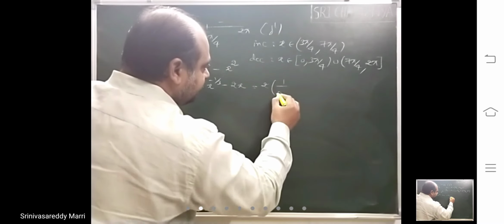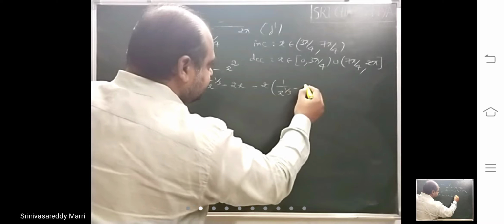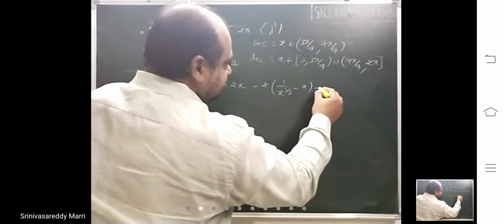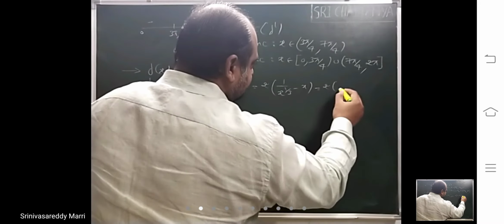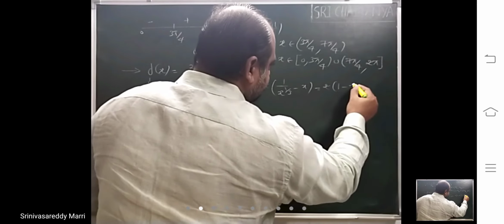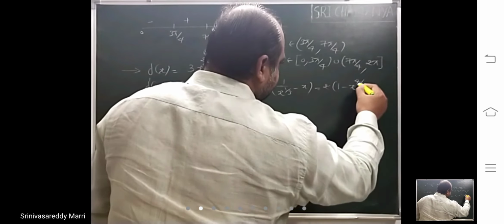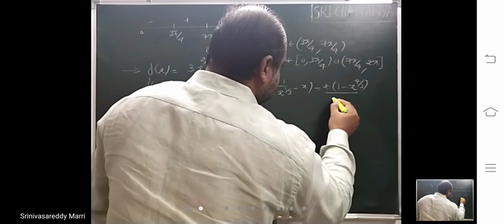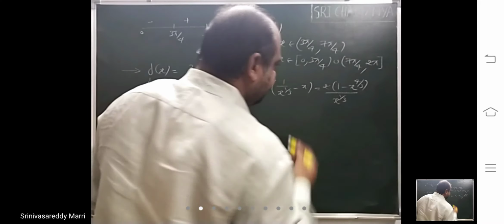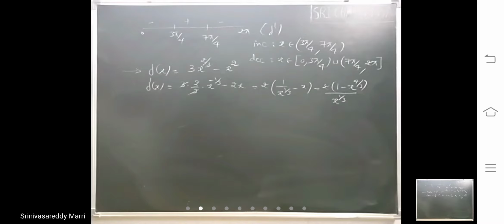You will get 1 by x power 1 by 3, minus x. That means you will get 2 into 1 minus x power 4 by 3, divided by x power 1 by 3.